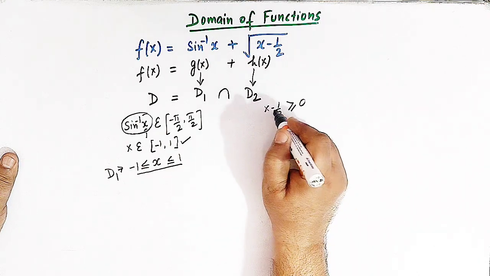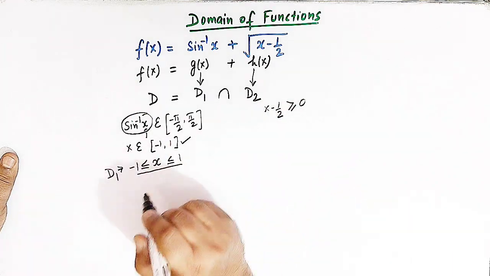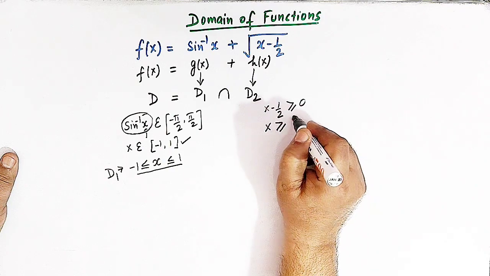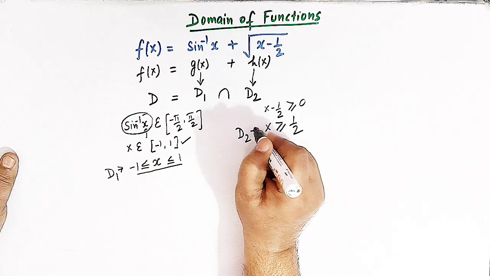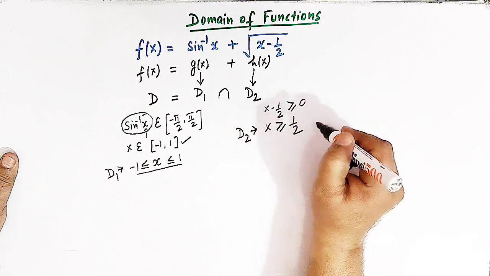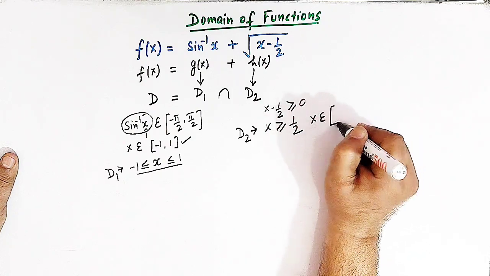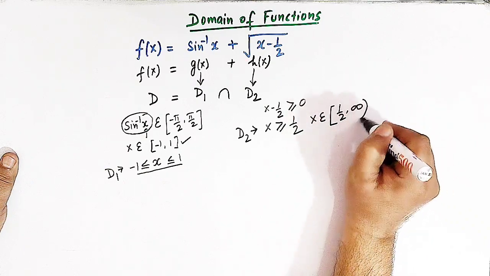So for x minus half to be positive, it should be greater than or equal to 0. So we can take x greater than or equal to half, right? So d2 is given by this inequality, and this inequality can also be expressed like this: x belongs to the interval half to infinity.